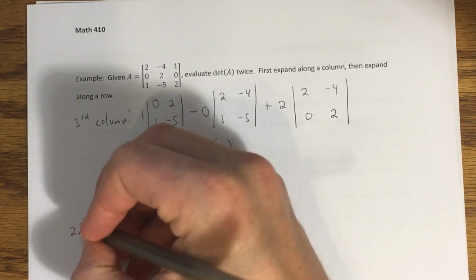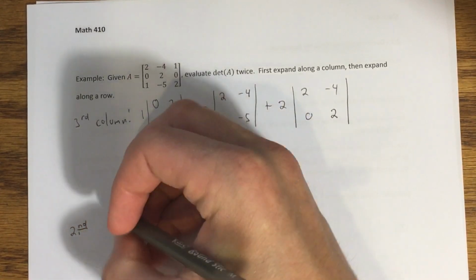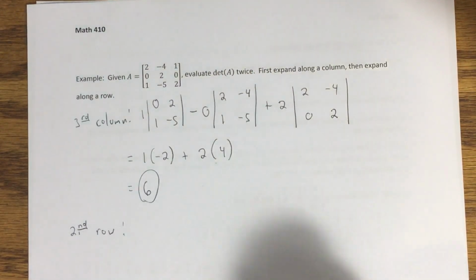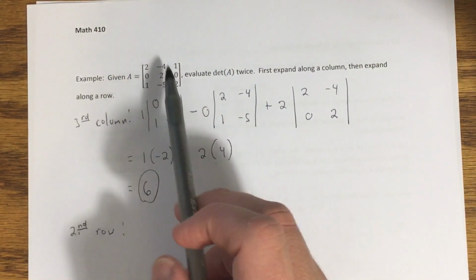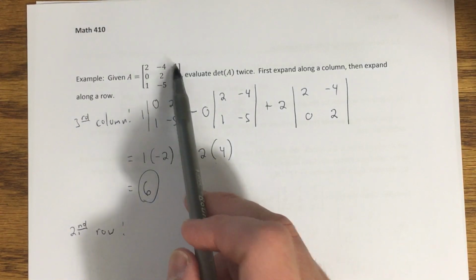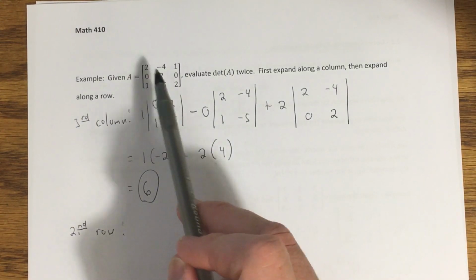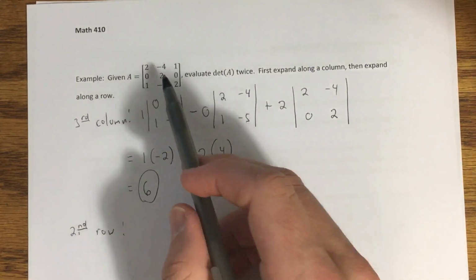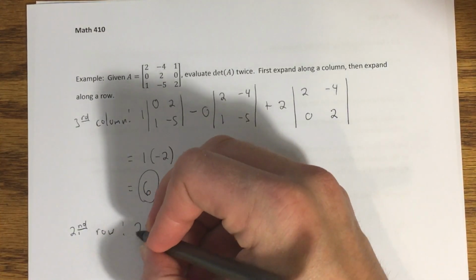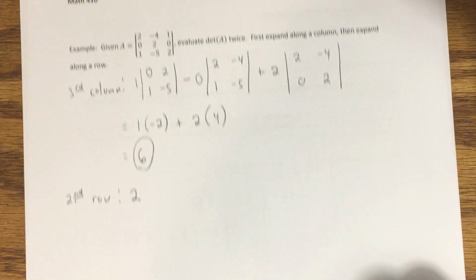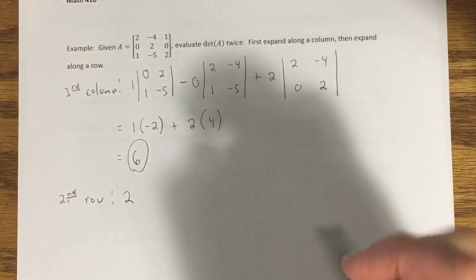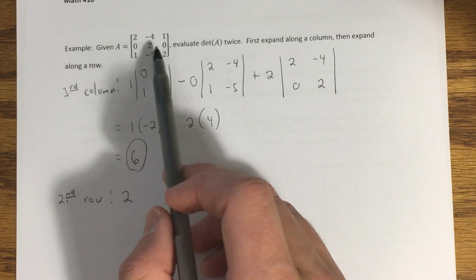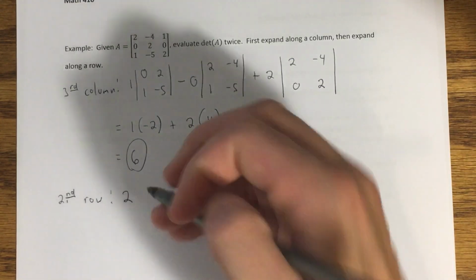Second row. Let's try evaluating along the second row. Okay, so remember, if my top row goes plus, minus, plus, then my second row is going to go minus, plus, minus. 2 is the only non-zero entry, and it's associated with a plus, so I do not change its sign. It stays a 2. And then if I delete the row and column that it appears in, then I get a 2 by 2 matrix with just these 4 corners here.